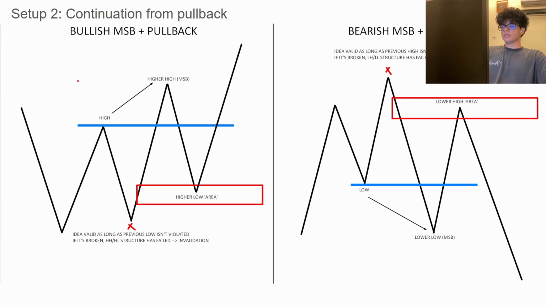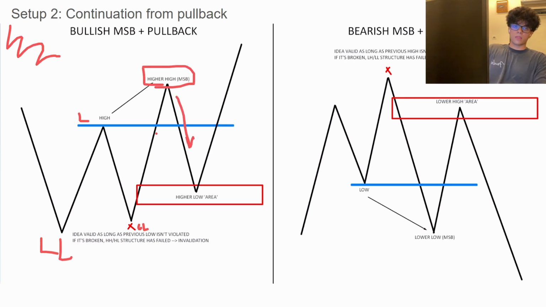So what happens here is price is in a downtrend here. This is a lower low, this is a lower high. So what price does is fails to form a lower low, breaks the lower high, forms a higher high, comes down.